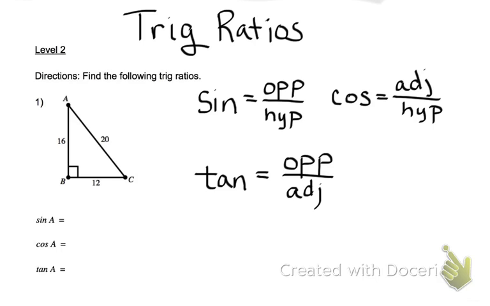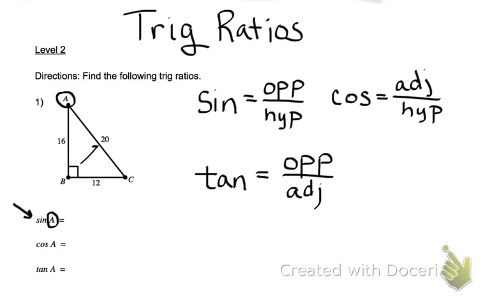Okay, now let's look at number 1. The directions say find the following trig ratios. By looking at our answers right here, we can see that we want to look from angle A. So I'm going to label my hypotenuse, opposite, and adjacent.